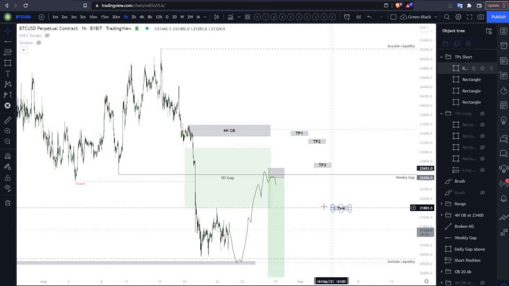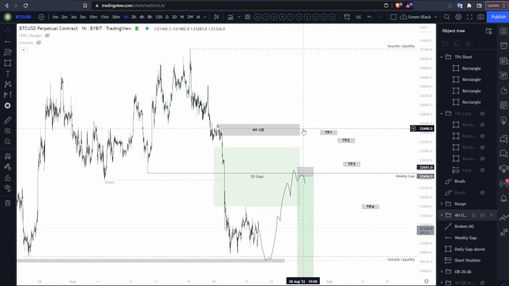Now for the short, it will depend where the short will start, but basically the first take profit will be upon breaking the market structure.